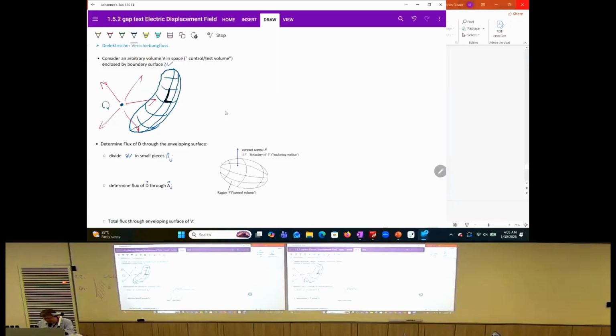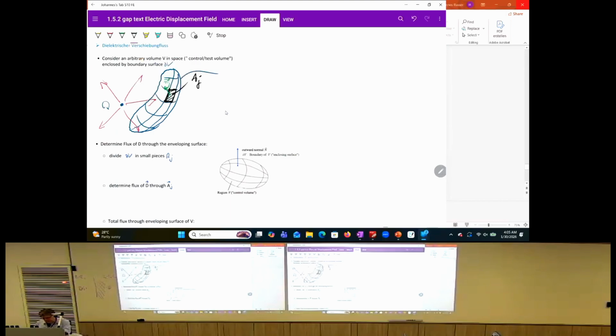You can divide it into surface elements, and we denote this surface element as A sub j. And also on the surface element, you have some kind of normal vector, which is denoted n sub j.